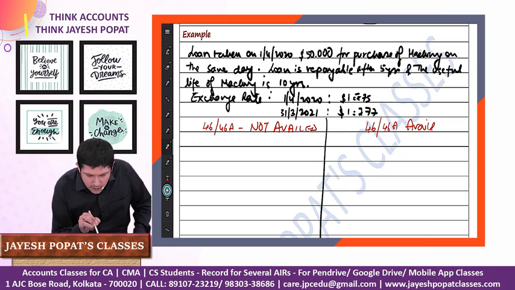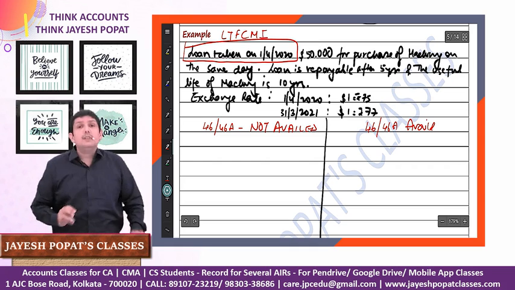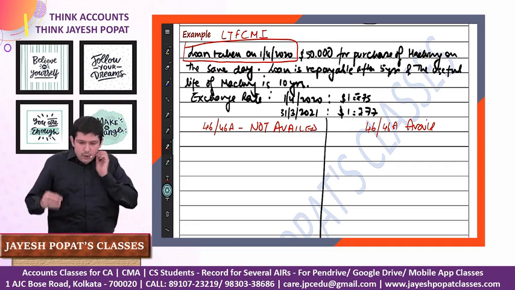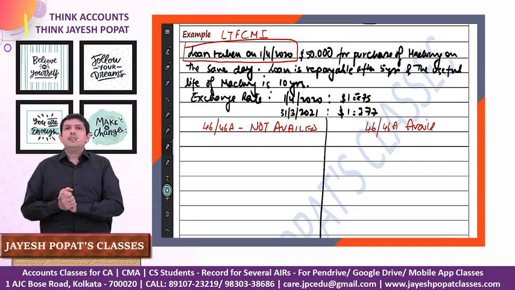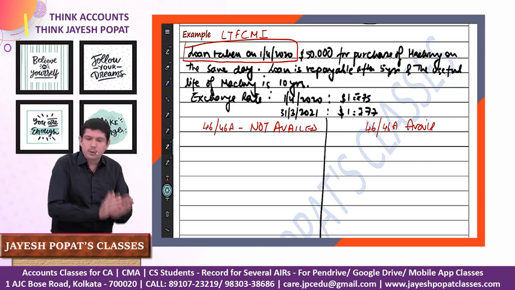In this case, this loan is the long-term foreign currency monetary item. If this loan was repayable after 6 months, the option under 46 and 46A would not have been available at all. We would have to go for the normal route only, right?